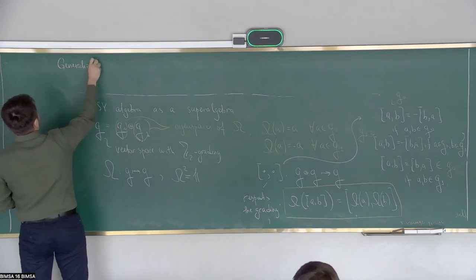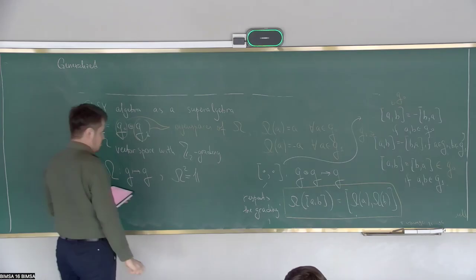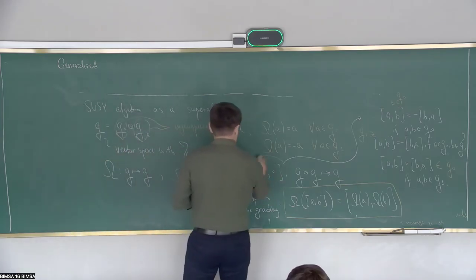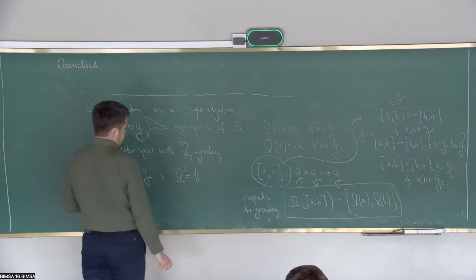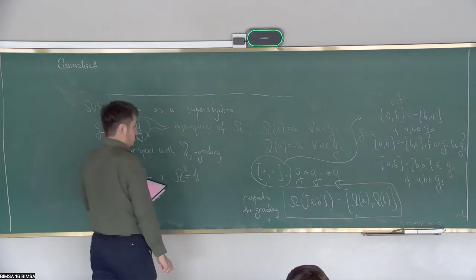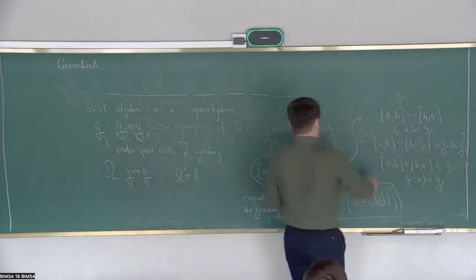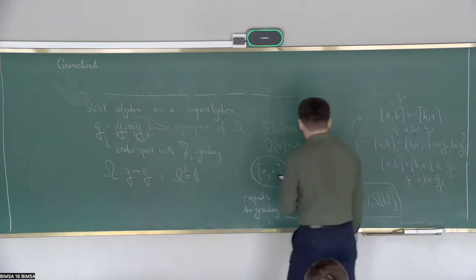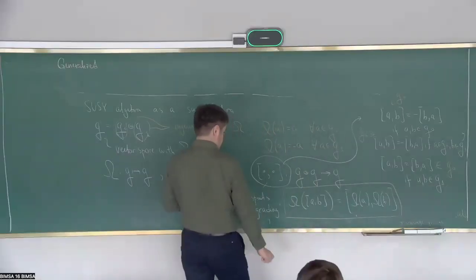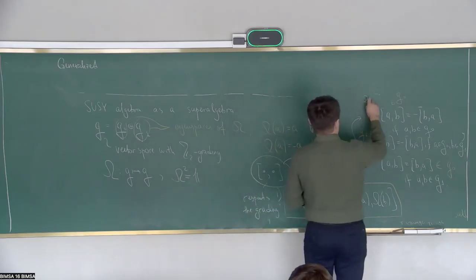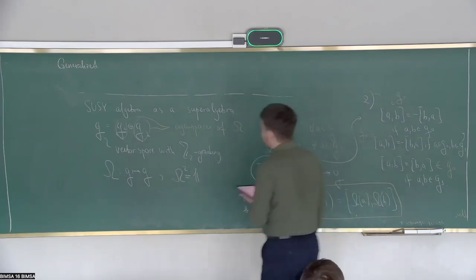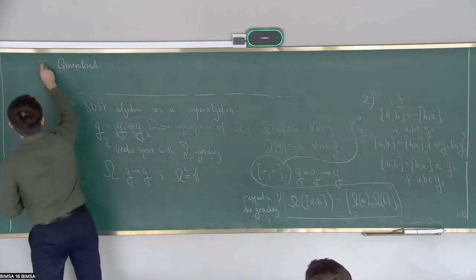So far, these are all definitions of this product, the super bracket, the super Lie bracket. This is property 1, property 2, and property 3.